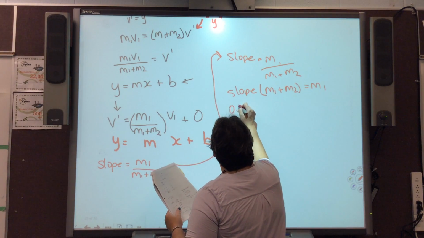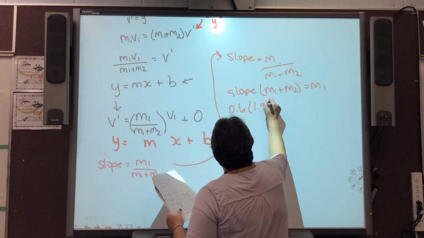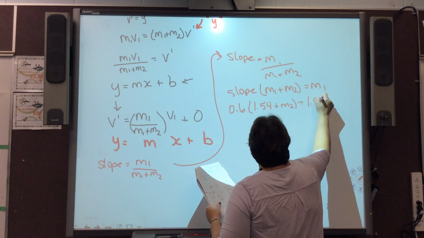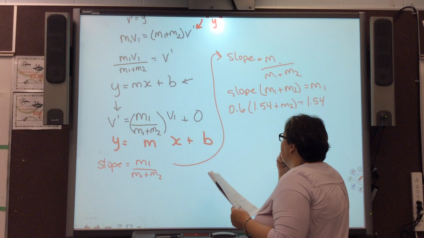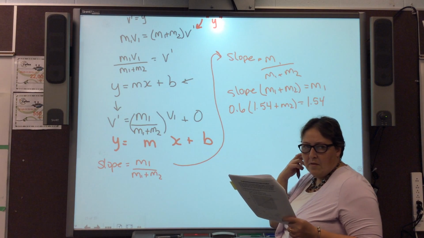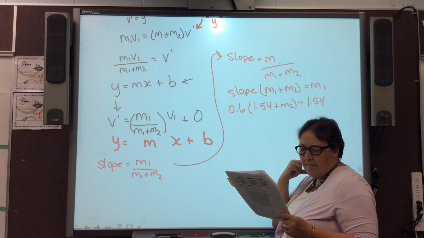So we have 0.6 times 1.54 plus m2 is equal to 1.54. So what is 0.6 times 1.54? Go, Reese.